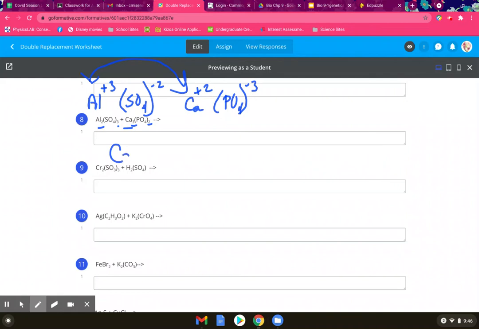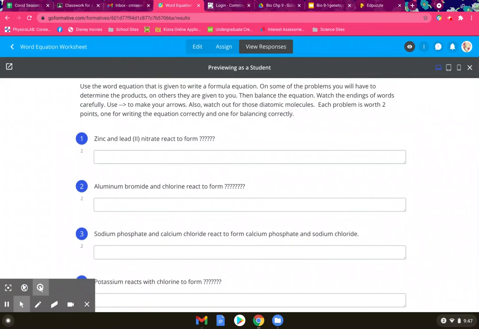So Ca will be with the SO4. That's a 2 and that's a 2, so we don't have to worry about crisscross. Plus aluminum and PO4, 3 and 3. So again, we don't have to worry about crisscrossing. So this would be our product for number 8.